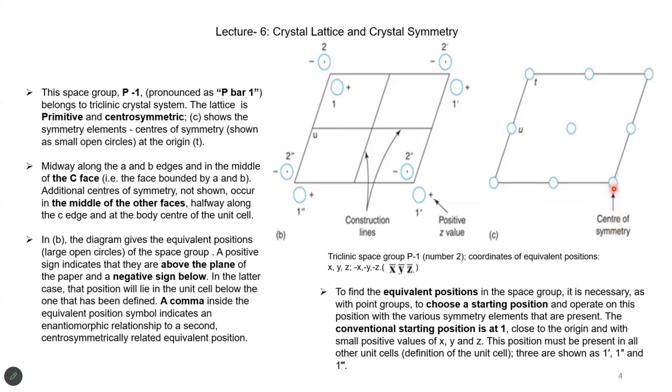So this circle, this circle, this circle, this circle, this circle: this is how we represent the symmetry of the space group in the right-hand parallelogram. And this is the left-hand parallelogram, where we show the coordinates of equivalent positions.